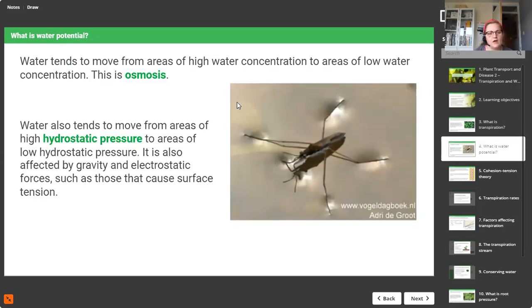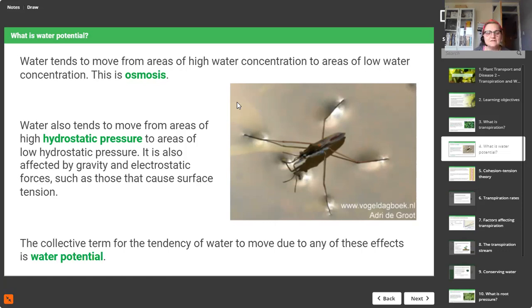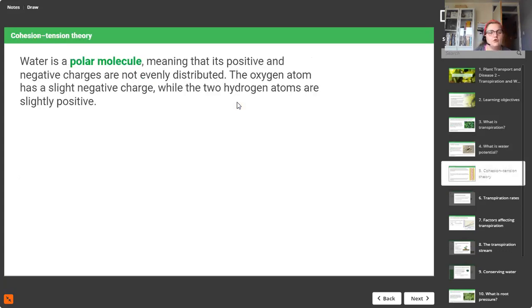Water also tends to move from areas of high hydrostatic pressure to areas of low hydrostatic pressure, and it's affected by gravity and electrostatic forces, such as those that cause surface tension. Collectively, the term for the tendency of water to move due to any of these effects is water potential. Water is a polar molecule, which means its positive and negative charges are not evenly distributed. The oxygen atom has a slightly negative charge, while the two hydrogen atoms are slightly positive.